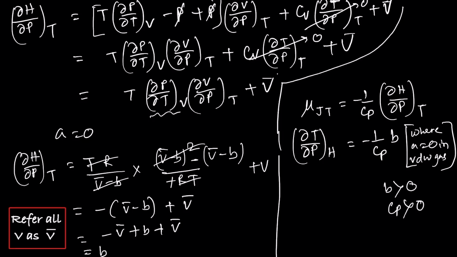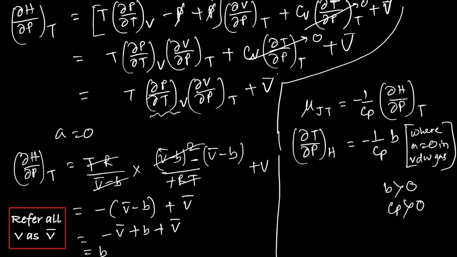When the pressure increases, temperature decreases. When the pressure decreases, temperature increases. So instead of becoming cooler, it gets hotter. So in this particular case the Joule-Thomson coefficient is a negative quantity.